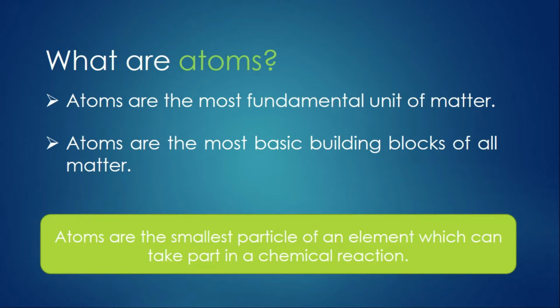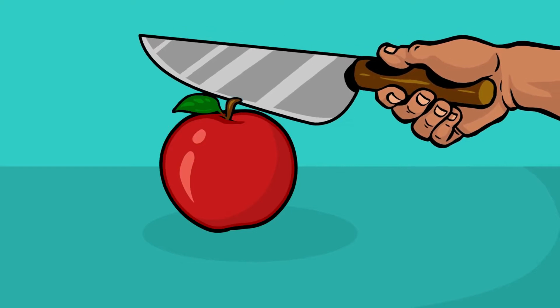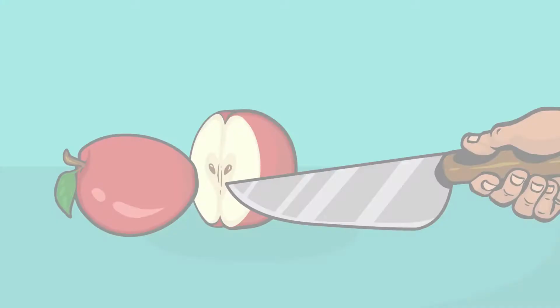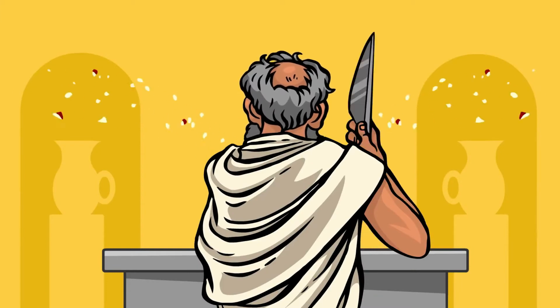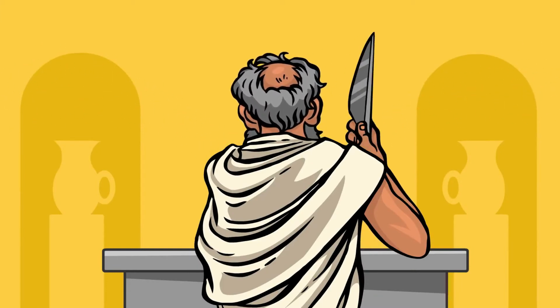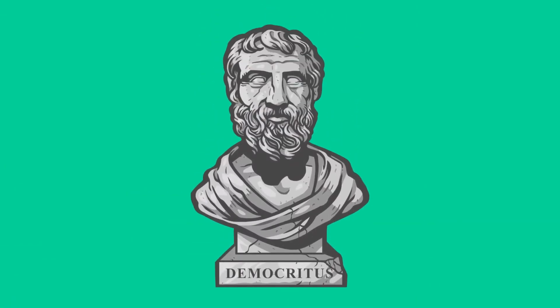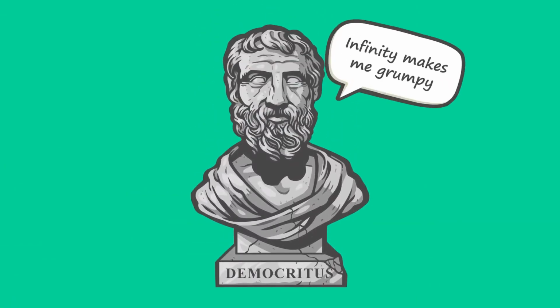So previously, people used to believe that if we try to cut something smaller and smaller, say this apple, then we could do this infinitely and cut this apple smaller and smaller without ever reaching its smallest size. But this theory did not go well with a particular person named Democritus.